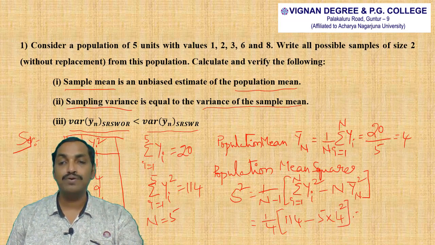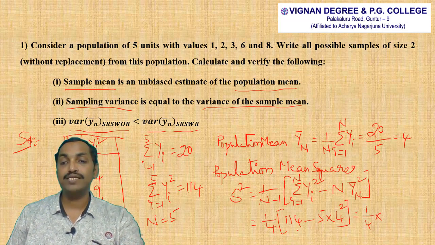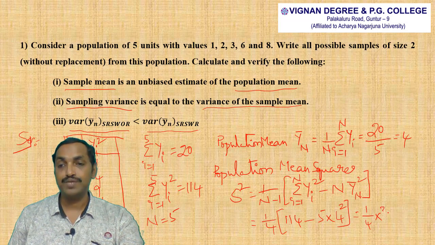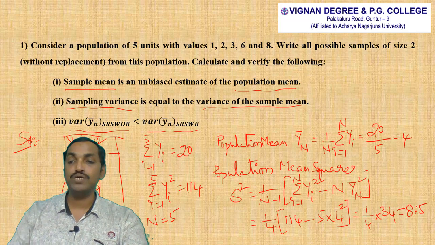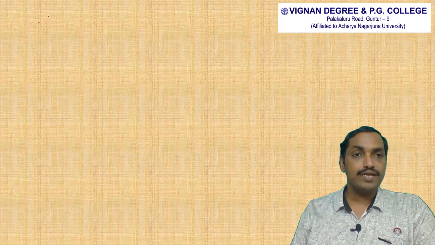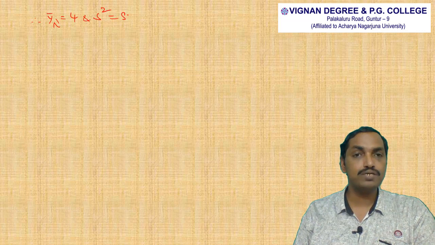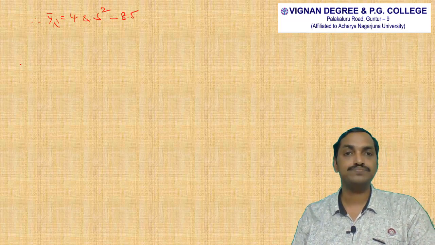That is equal to 1 by 4 into 4 square is 16, 16 into 5 is 80, 114 minus 80 is 34. And this is equal to 8.5. Therefore, capital Y N bar is equal to 4 and capital S square is equal to 8.5.